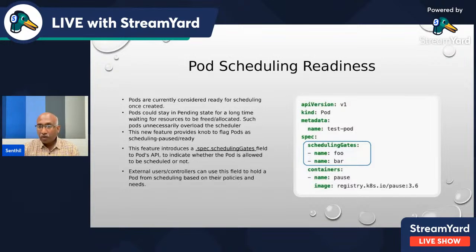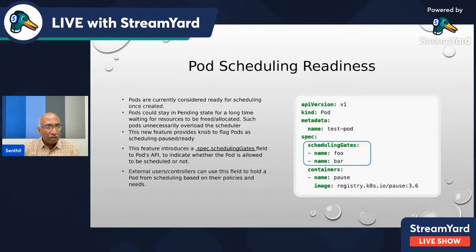By the way, if you are familiar with finalizers, whenever you delete a particular Kubernetes resource, and if there are finalizers attached to that resource, the resource is not immediately deleted. As long as the finalizer has content, the resource is not deleted. And only when a user or a controller goes and removes those finalizers does the actual resource get deleted.